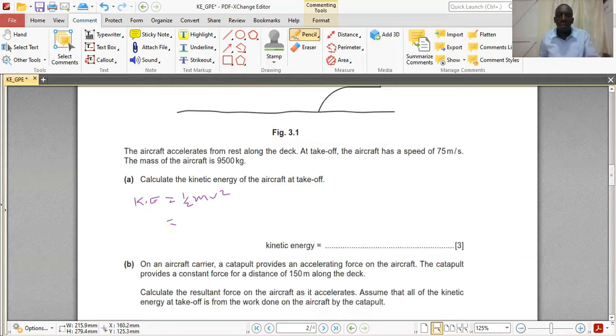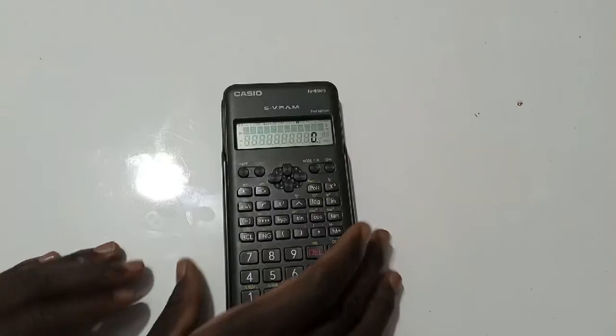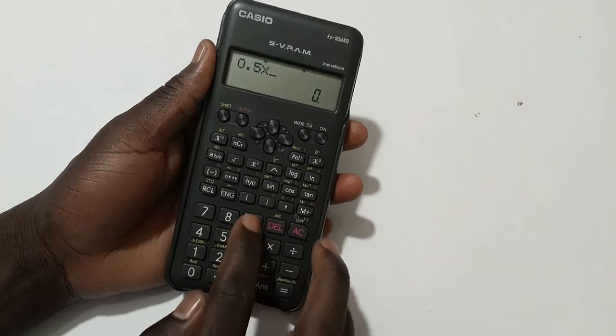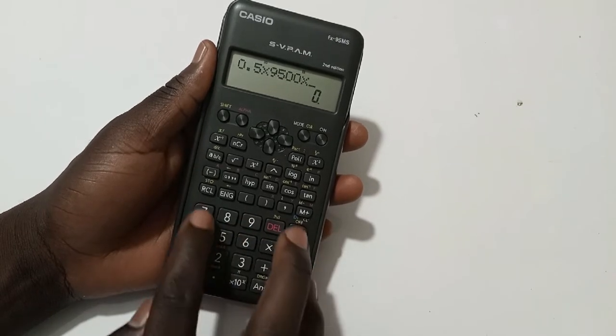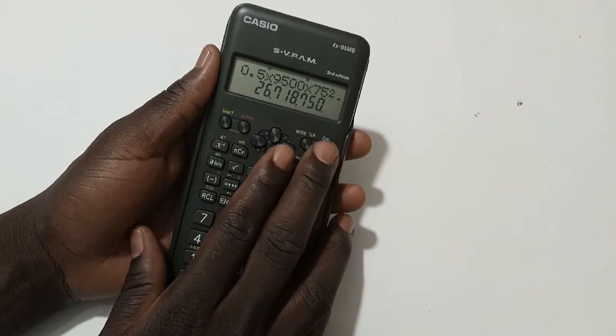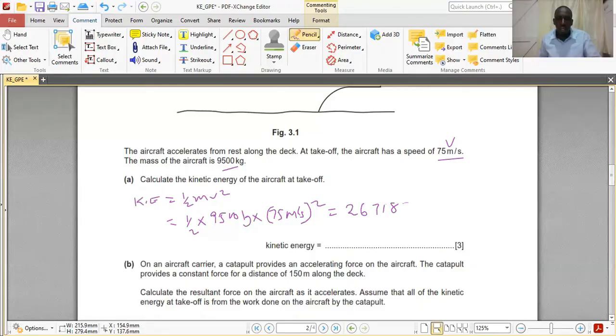So the values we've been given are the speed v and the mass. So we'll have a half times the mass, which is 9,500 kilogram, times speed, which is 75 meters per second, and the speed is squared. That is 0.5 times 9,500 times 75 squared, and this gives me 26,718,750.